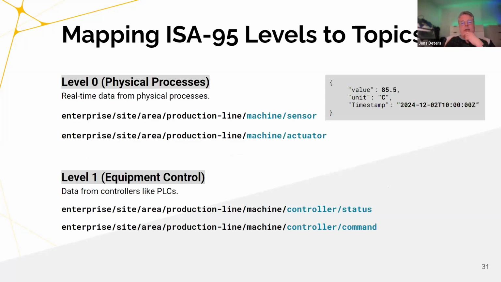So in here I have some examples and some ideas of how to map the different levels of ISA 95 to topics. It starts with the physical processes on level 0. As a common pattern here, you have enterprise, site, area, production line, and then machine and sensor.